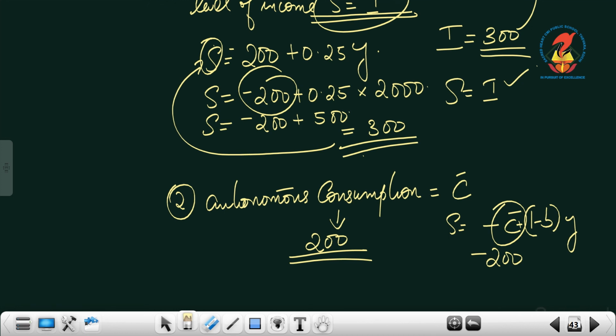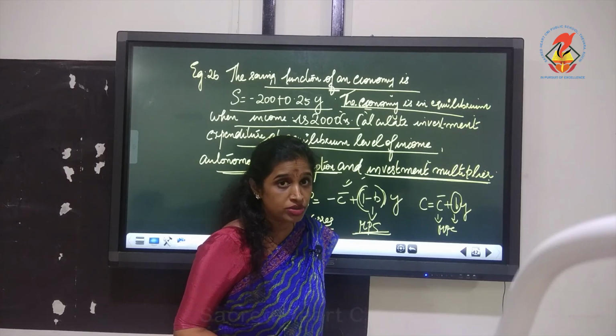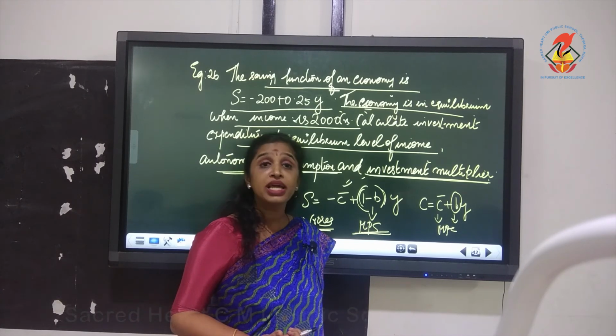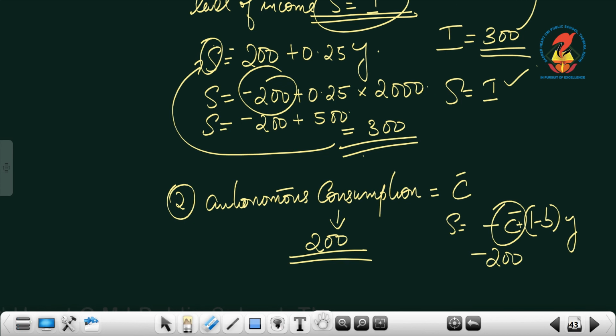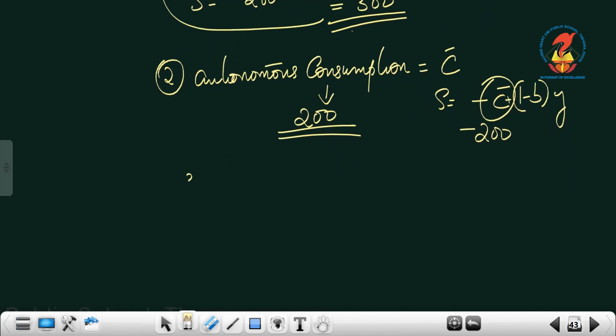Okay. Now, what is the next? You are asked to find out investment multiplier. We found investment expenditure at equilibrium level of income, then we found the autonomous consumption, and the third one which we need to find out is investment multiplier. How will you find out investment multiplier?